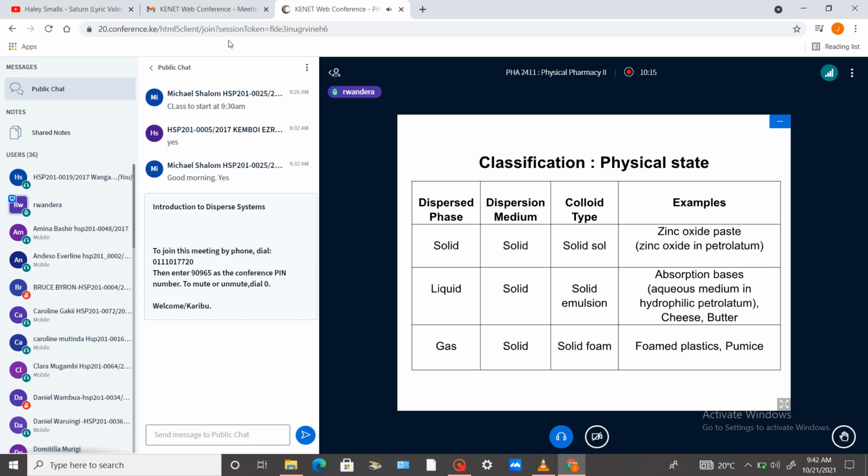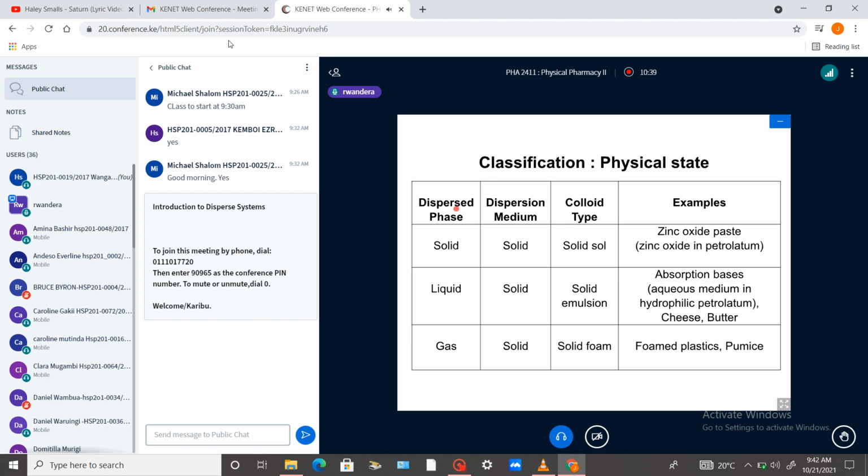So how do we classify colloidal dispersions? We classify them based on two aspects of classification. We have based on the physical states, the physical state of the dispersed phase and the dispersion medium. So we can look at these examples.